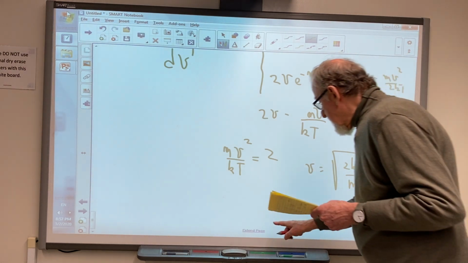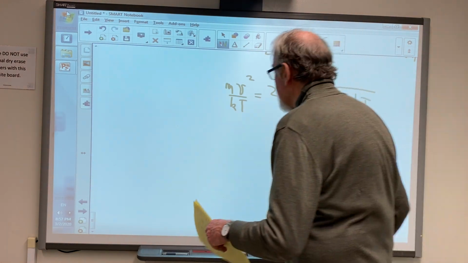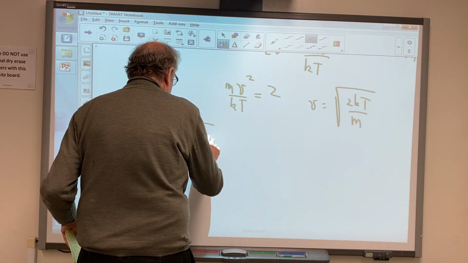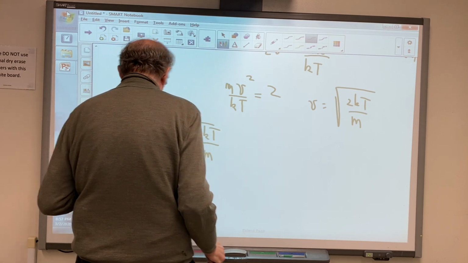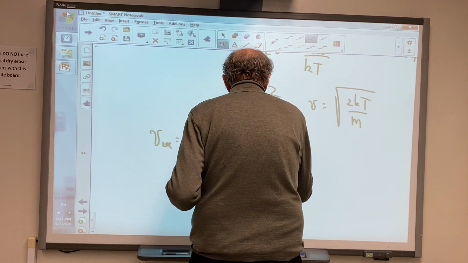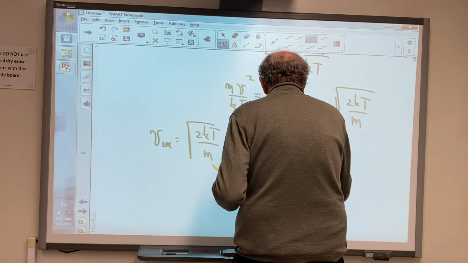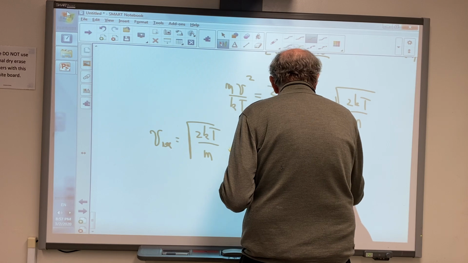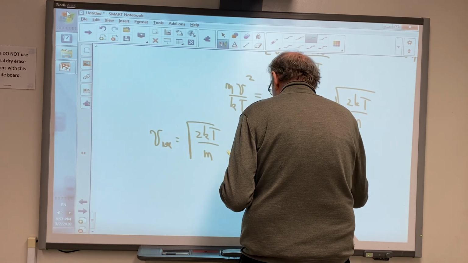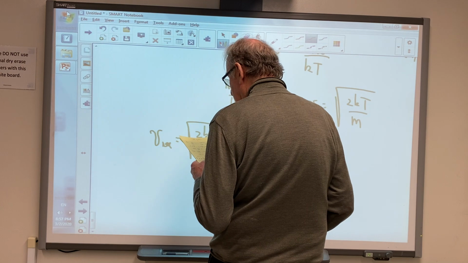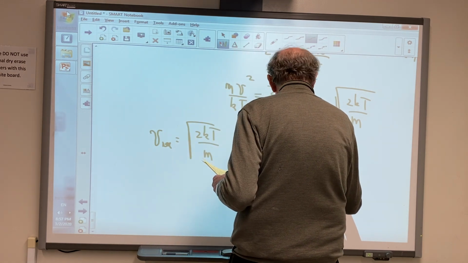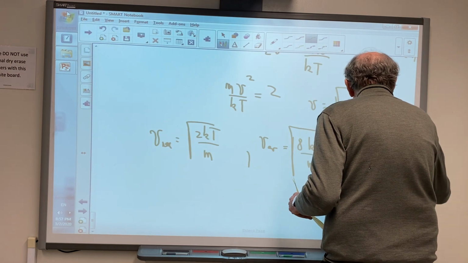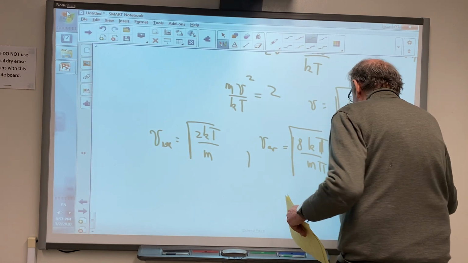So let me write the three results now, one next to the other. V maximum is the square root of 2kT over m. V average was the square root of 8kT over pi m. And V RMS was the square root of 3kT over m.